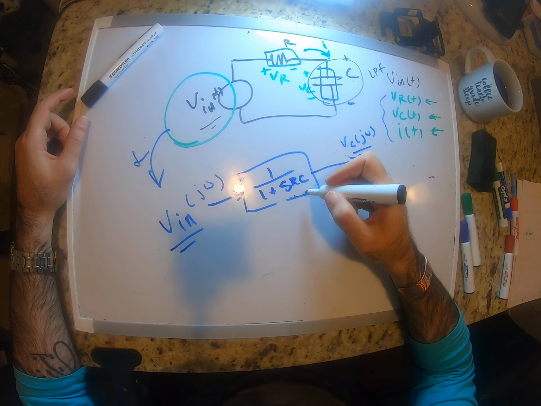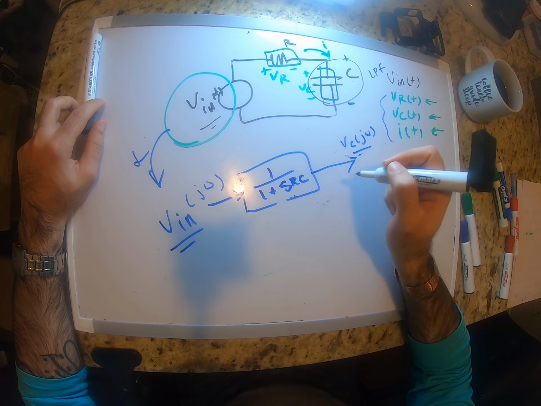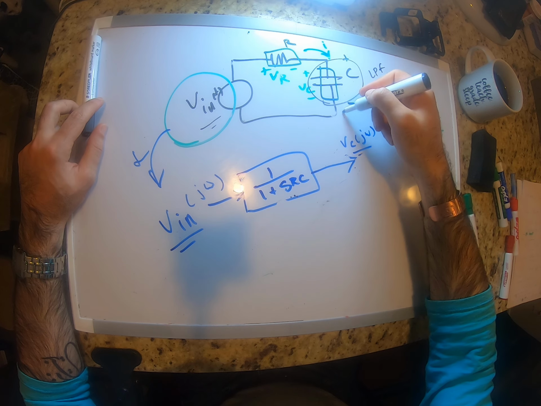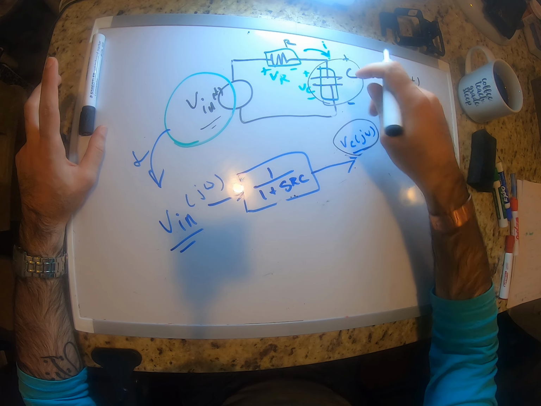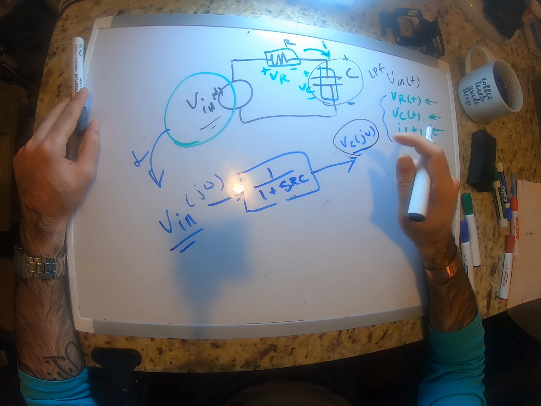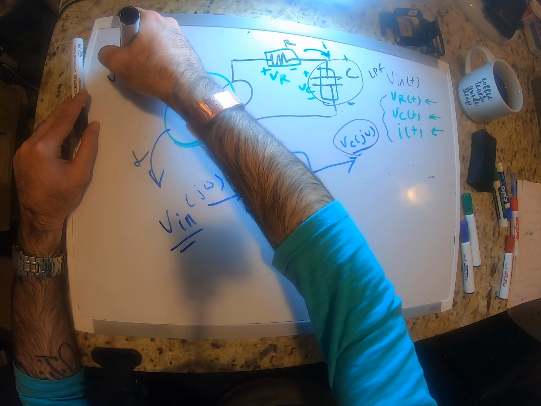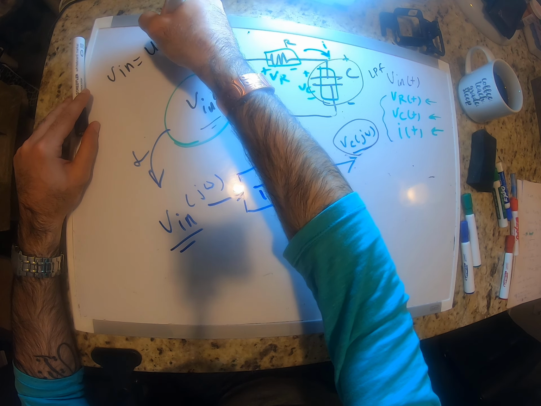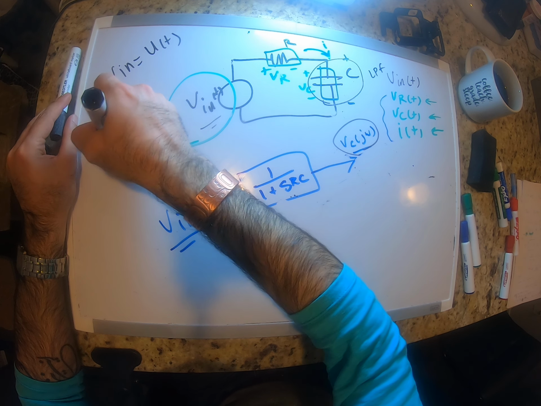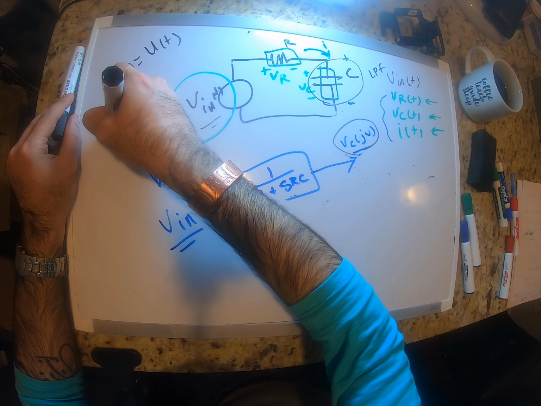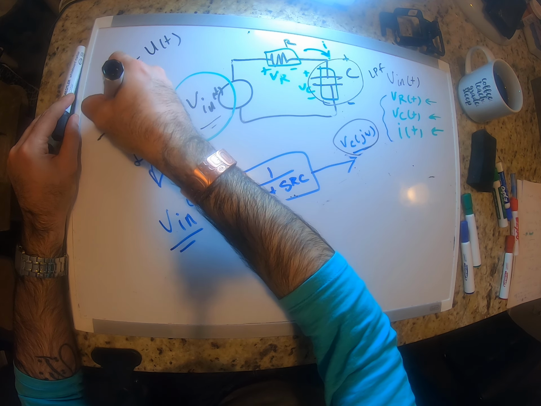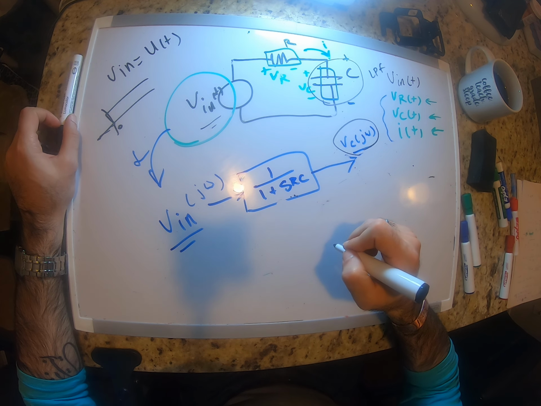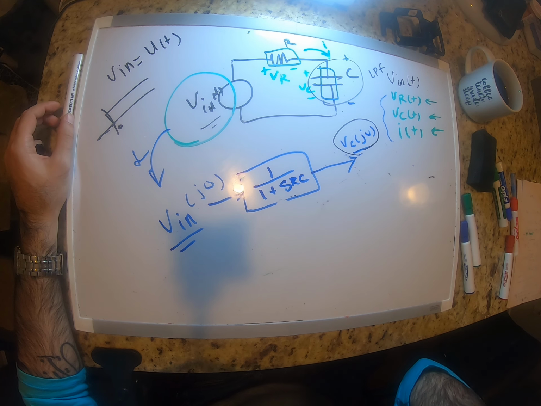We only have the transfer function, and we want to know what's the output when we define the output as the voltage across the capacitor, when our input voltage is a unit function. It means it's basically 0 before 0, and after that it's just going to be 1. Okay, so this is what we want to do.